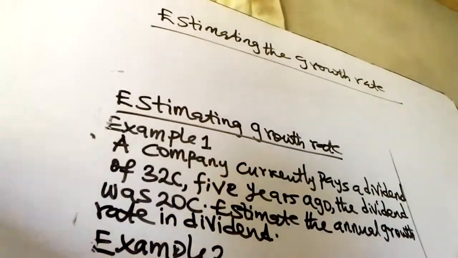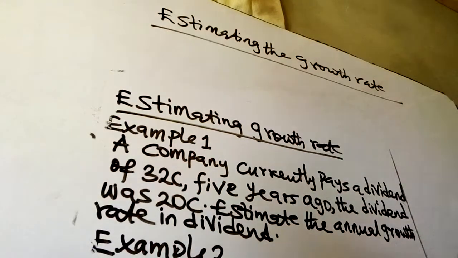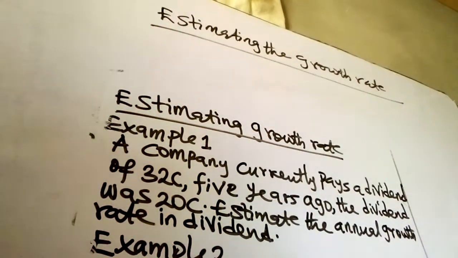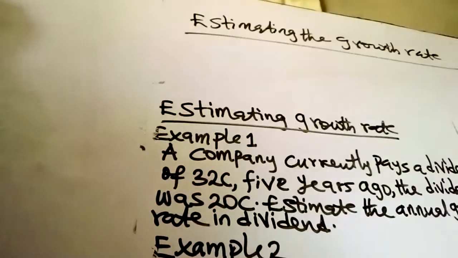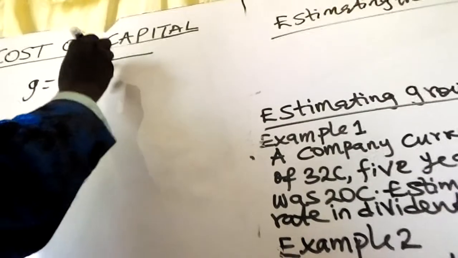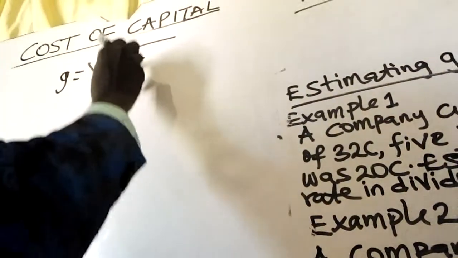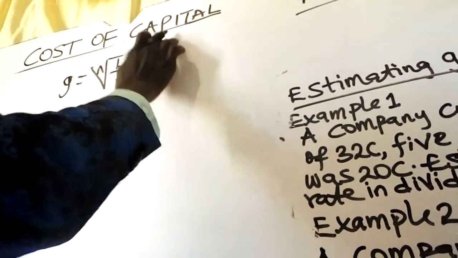I want to start with growth rate using the dividend valuation model. Now, for growth rate, the formula is the nth root of latest dividend over base dividend, minus 1.